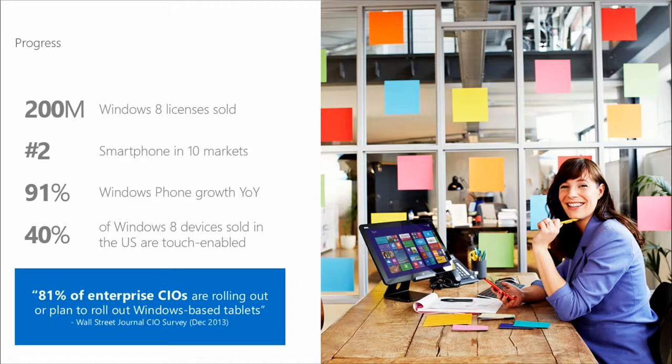If we look at how our CIOs are looking at Microsoft, a lot of them are looking at deploying Windows 8 and developing Windows 8 applications, and at the same time looking at how they can replace the BlackBerries with Windows Phone 8.1. That is a key offering that we just announced: Windows Phone 8.1 with lots of enterprise capabilities.